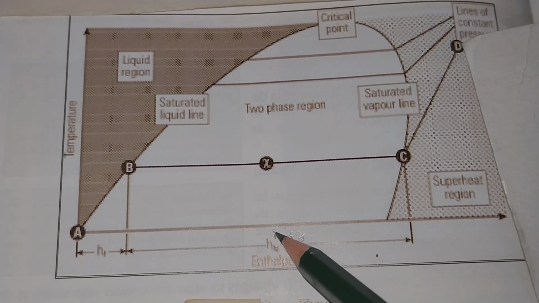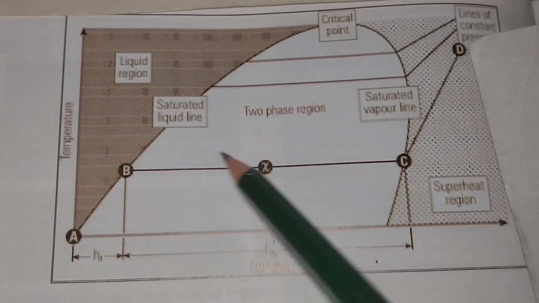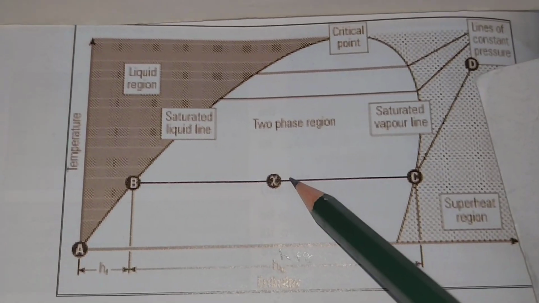This is hfg from B to C at this pressure line.